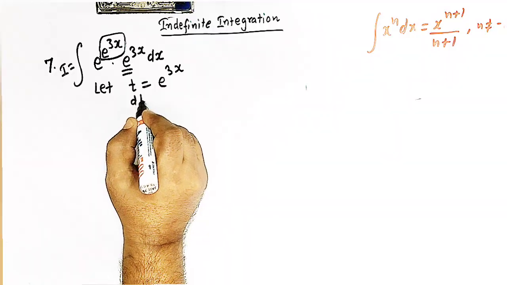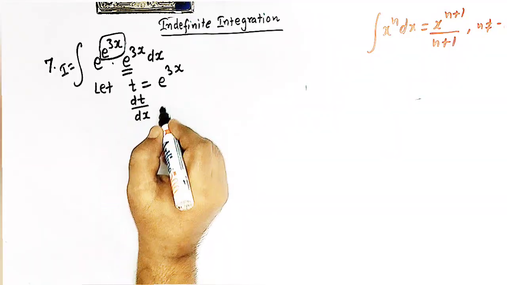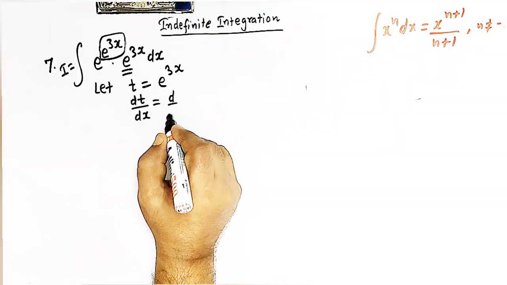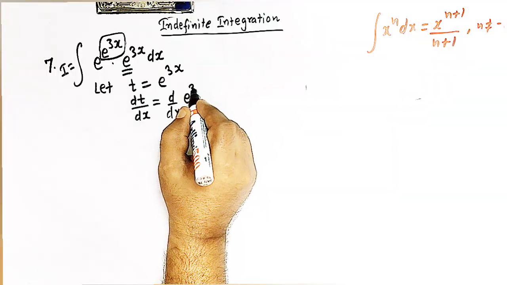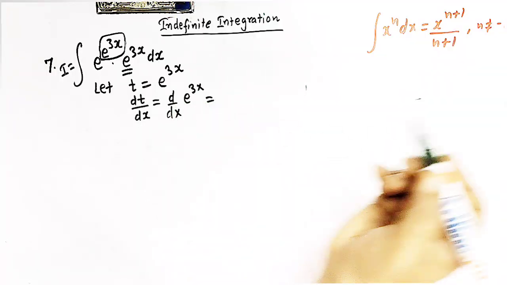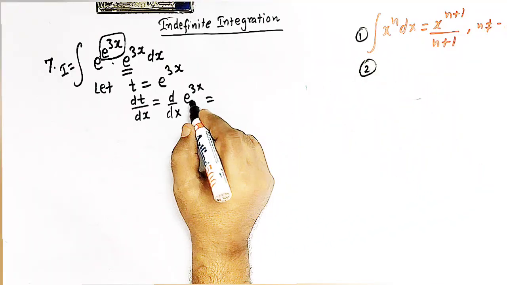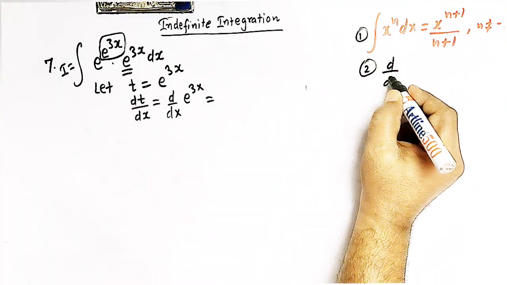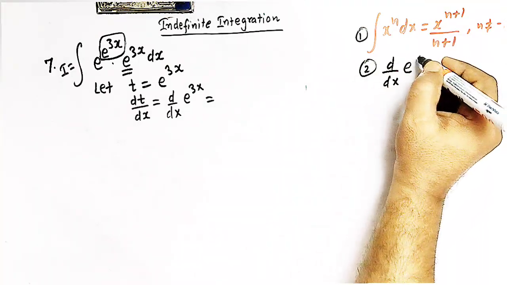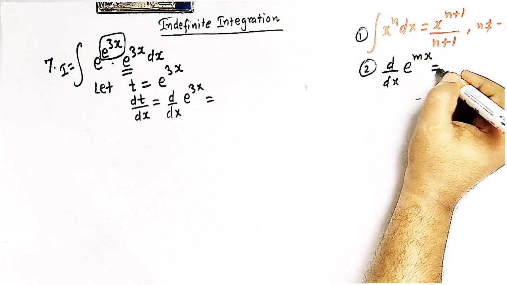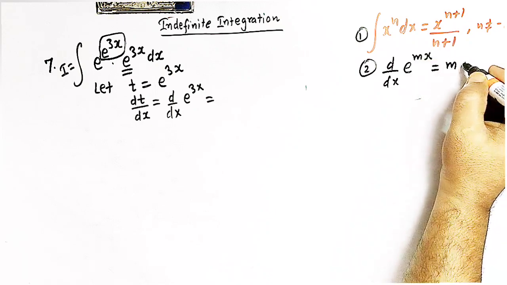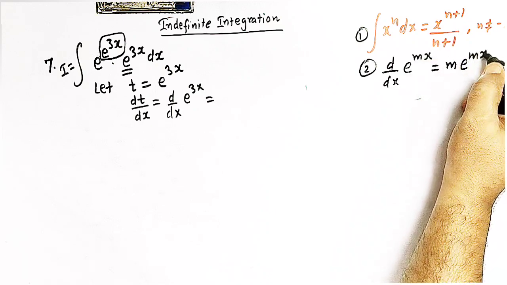Let us differentiate t with respect to x. So we have d by dx of e raised to 3x, and we know the standard result for the derivative of e raised to mx is given by m times e raised to mx.